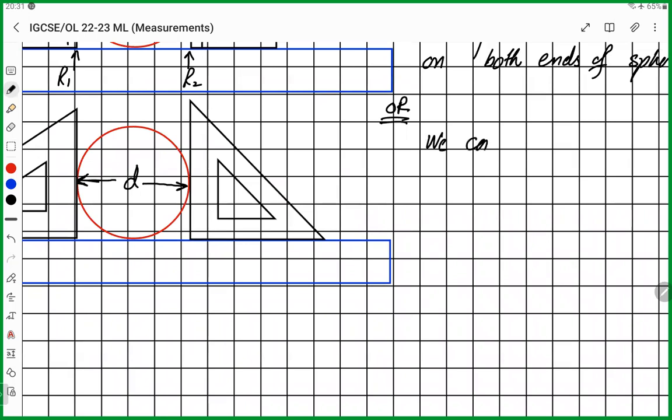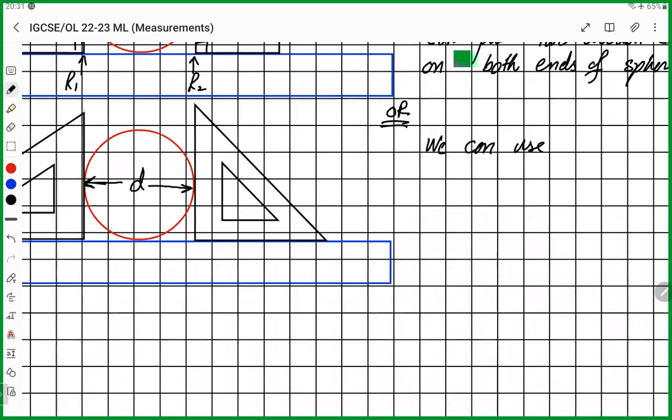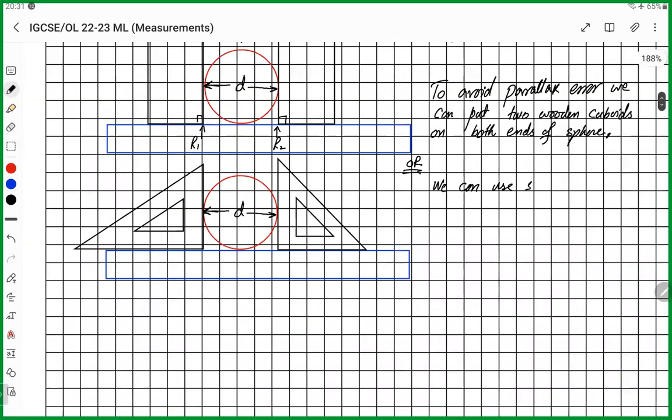We can use set squares which have one rectangular side, a right angle side.